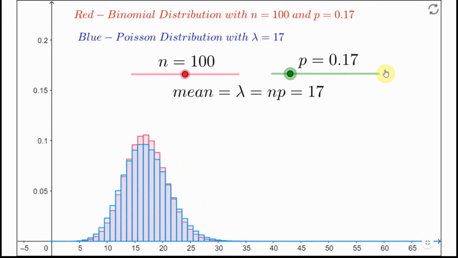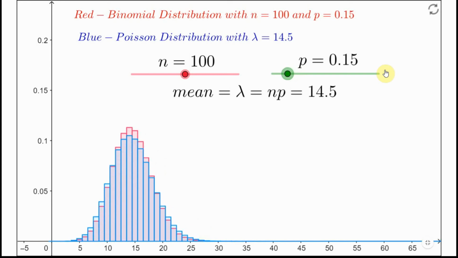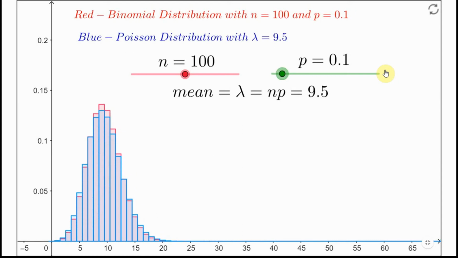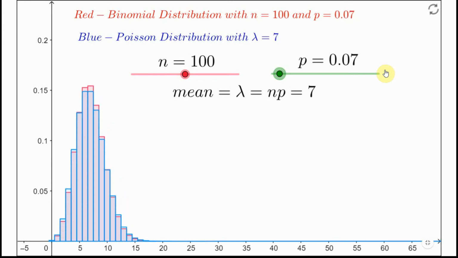So when we get down here, you'll see that the differences between the heights of the blue bars and the red bars are much smaller. Alright, and so it looks like when p is small, the two distributions are more similar. Okay, and we can keep going down, and they are getting closer and closer together.